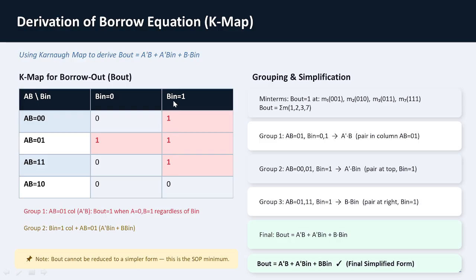Here you have adjacent ones, here also one, here also one. And AB 11 and AB 01 are also an adjacent group. That's why you have grouped into three groups.